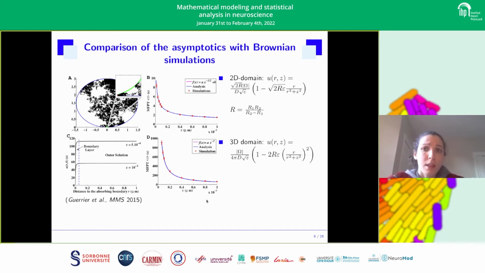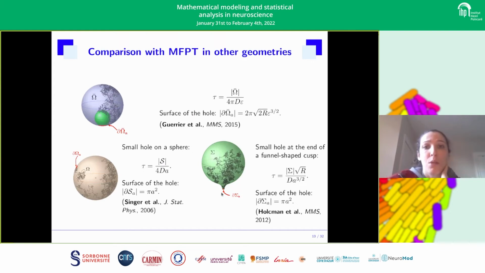Okay, so we had this idea. Maybe the first thing is that we could compare these to other mean first passage times in other geometries. So actually, what we understood here is that the time it takes is in 1 over epsilon, where the surface of the hole is in epsilon to the power 3 over 2. So the surface of the hole would be the surface of the small ribbon.